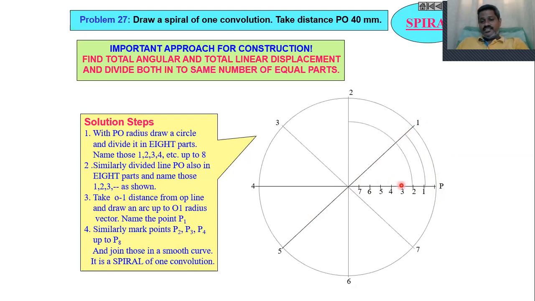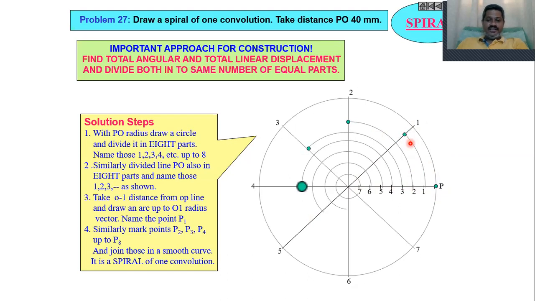Then take O2 as radius and intersect the second line of the circle, then third, fourth, fifth, sixth, and up to 8.